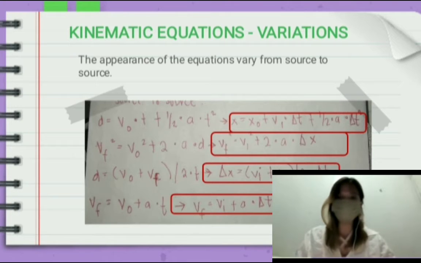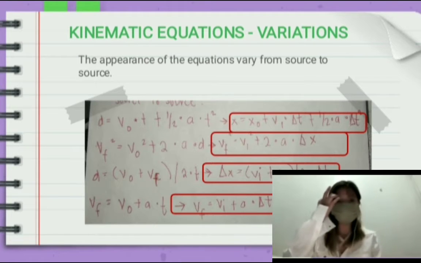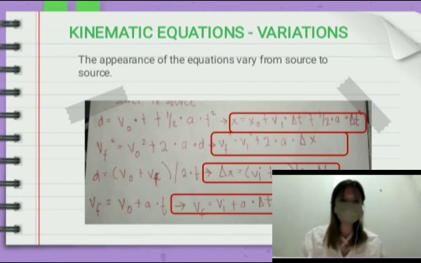So if you put a delta x into this spot in the first equation, you would have on the left side x final minus x original, and maybe you could move that x original over to the right side, and you'd have an equation that looks like this, where x stands for position, or x original stands for the original position and x for the final position. In other equations, we often see a delta x inserted for d.